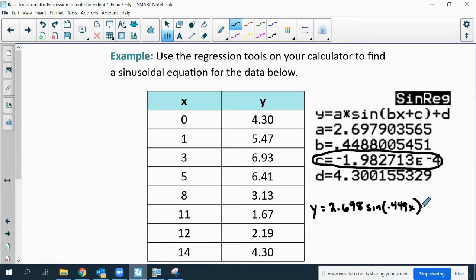We're going to leave it like this since there is no horizontal shift here, and then plus 4.300, which again makes sense because that's what appears to be the vertical shift of my sine graph. So that would be what it would look like.